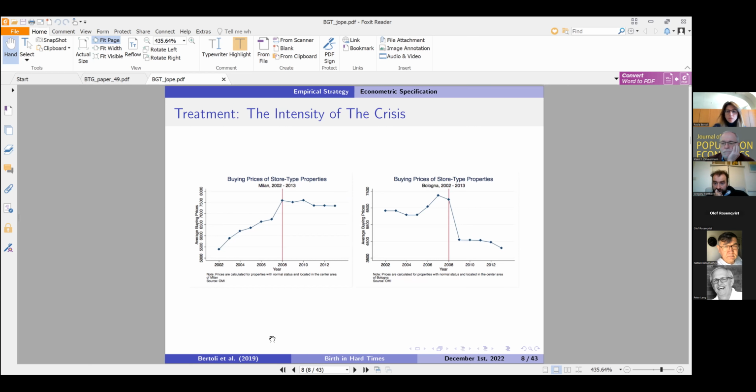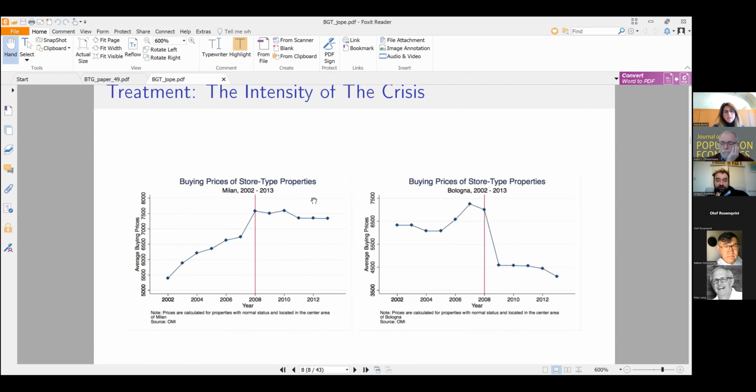Just to give you an idea, between 2011 and 2014 the GDP dropped by 9%. Just as an example, these are two Italian cities. On the left you have Milan, and on the right you have Bologna. For Milan, this is the trend in the growth rate of the store prices.